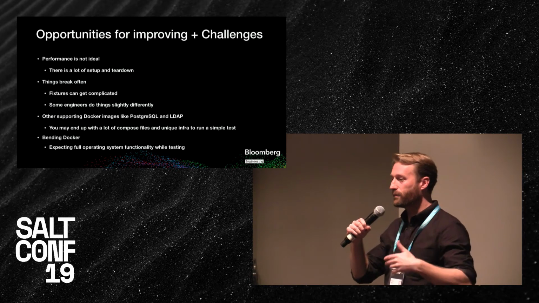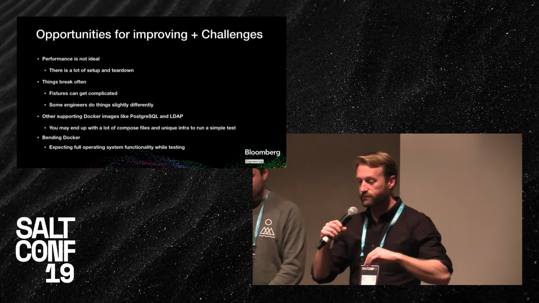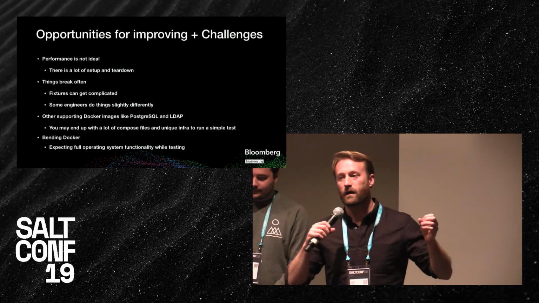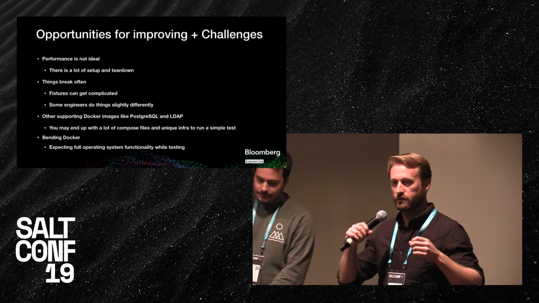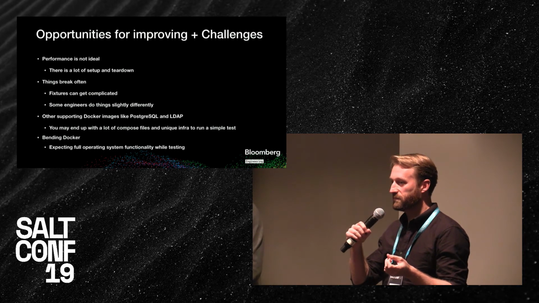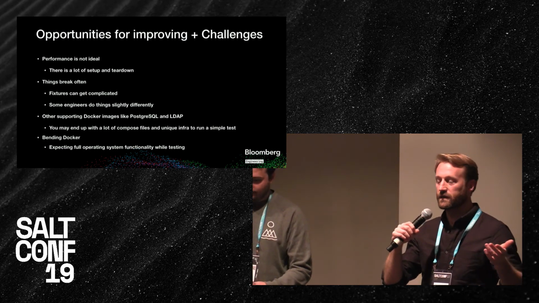Anyway, so that can get kind of complicated and really annoying. The last one here is what I call bending Docker. We're expecting Docker to function like a complete operating system, and that's not really Docker, right? So consider systemd.